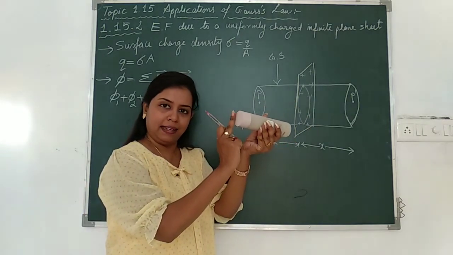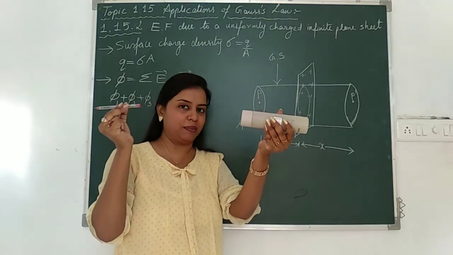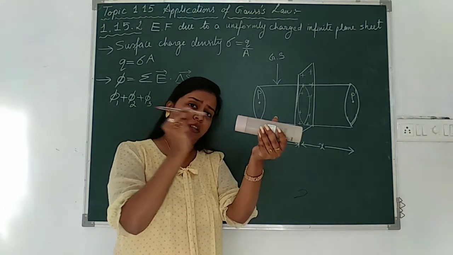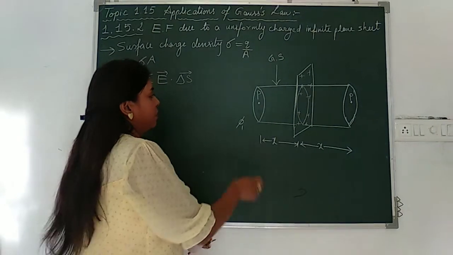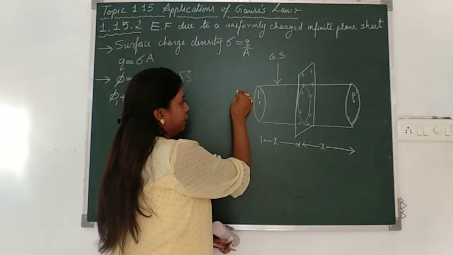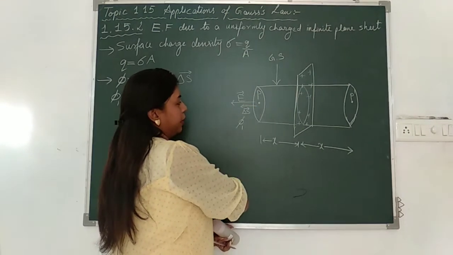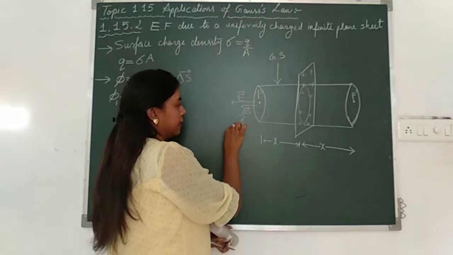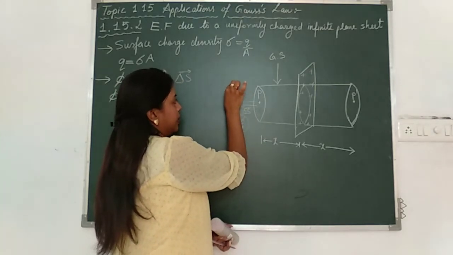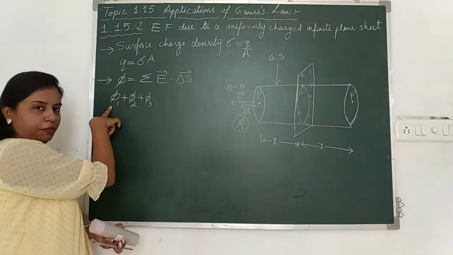As the area vector is perpendicular to the surface, the area vector also will be in this direction. So both electric field and area vector are in the same direction. So from here, this is the direction of electric field, and same is the direction of area vector also. So what is the angle theta for this? The angle theta will be 0. So this will be phi 1.